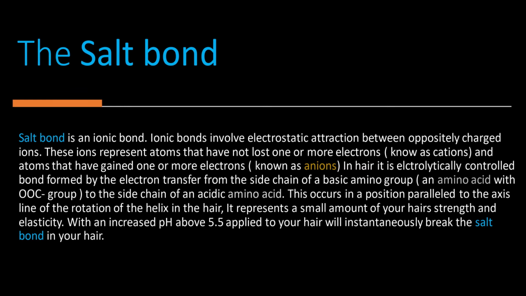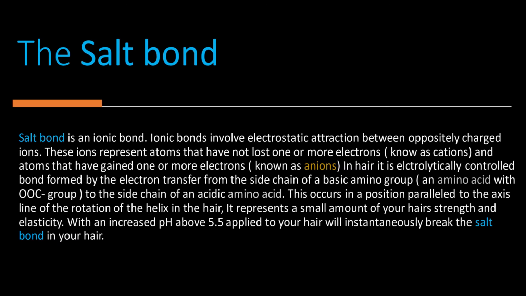The salt bond. A salt bond is an ionic bond. Ionic bonds involve electrostatic attraction between oppositely charged ions. These ions represent atoms that have lost 1 or more electrons, known as cations, and atoms that have gained 1 or more electrons, known as anions.